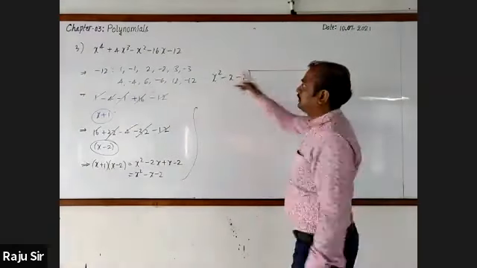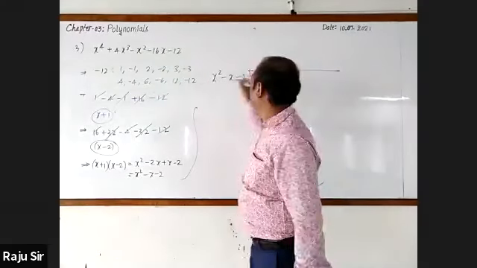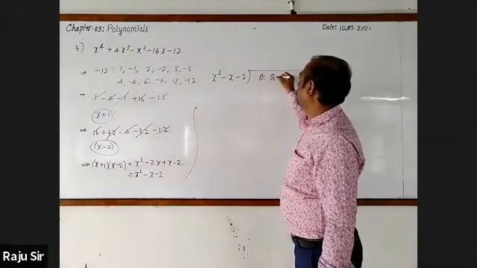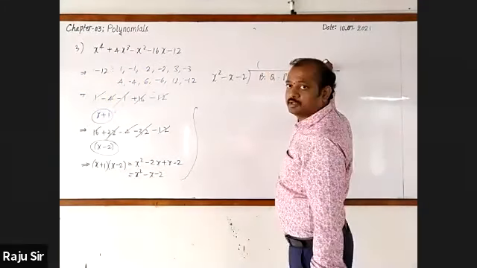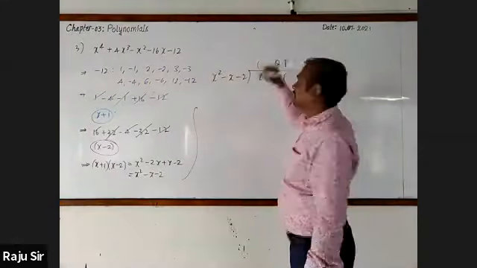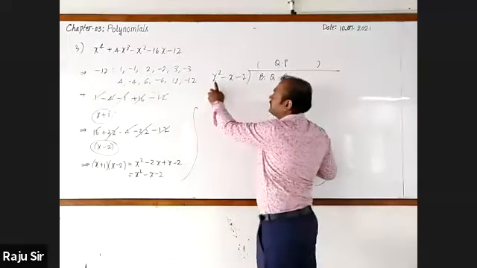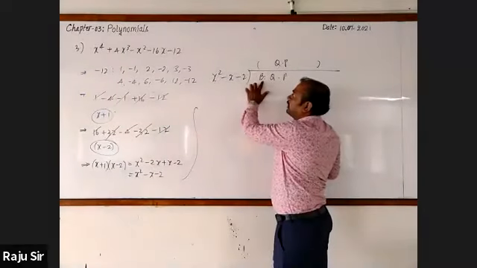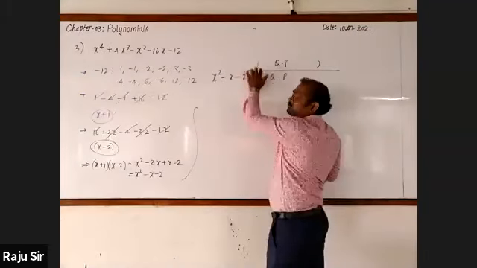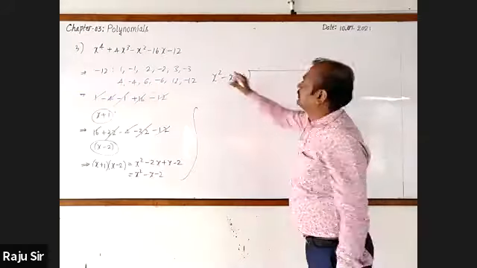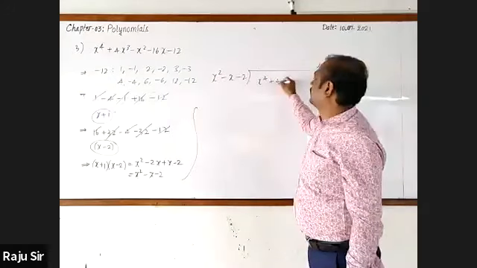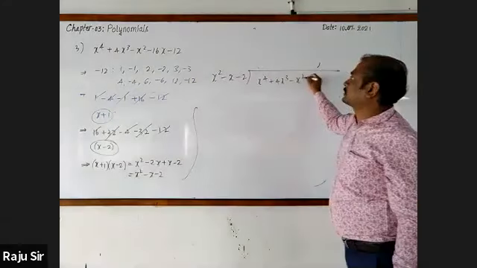From this, you go for dividing the given polynomial by this quadratic polynomial. You'll get a quotient, and this quotient is also a quadratic polynomial. x squared into x squared gives x raised to the power 4. Your polynomial is x raised to the power 4 plus 4x cubed minus x squared minus 16x minus 12.